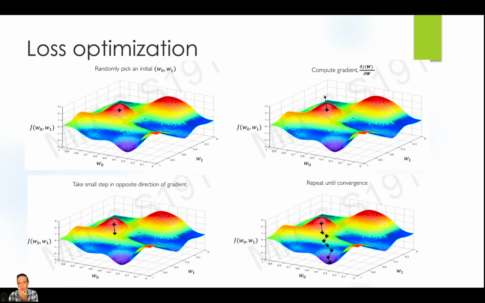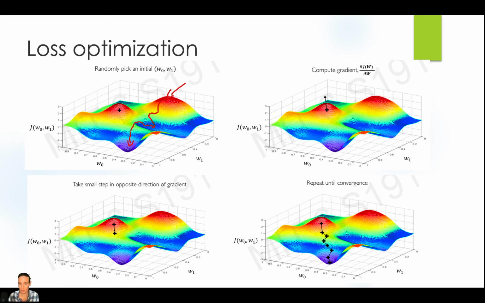But what we basically want to do is, suppose we visualize all possible combinations of weights, together with their resulting loss. We could imagine a landscape whereby the red spots would be the high values for the loss function. And what we want to do is slowly move and find not a local optimum, because we'd get stuck. We want to find the very best minimum, which is the global minimum.